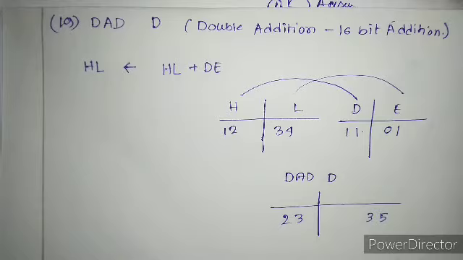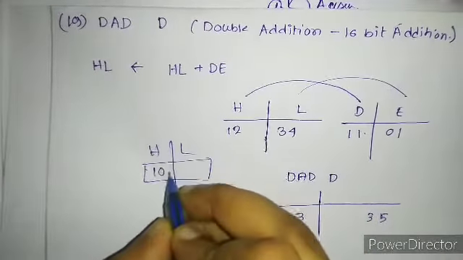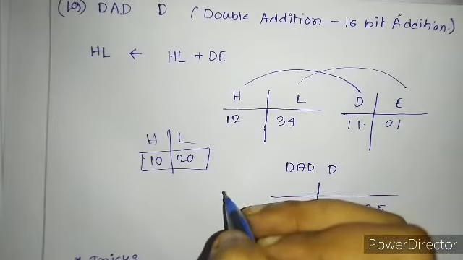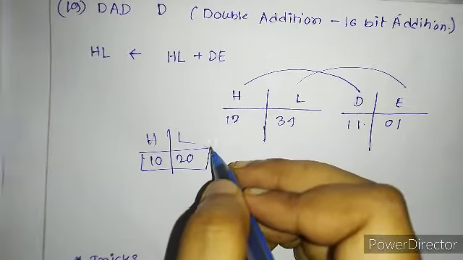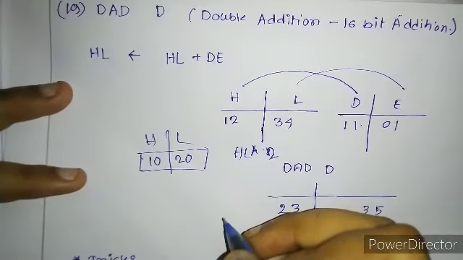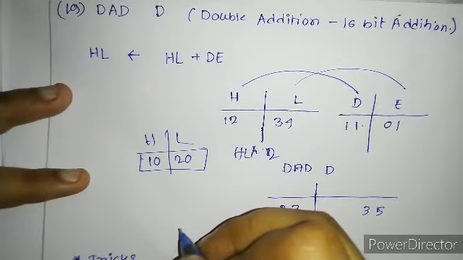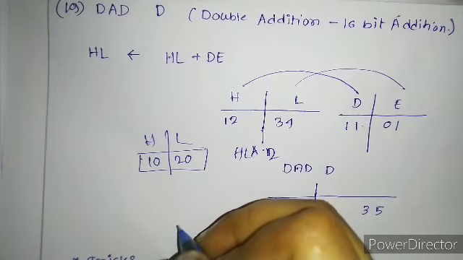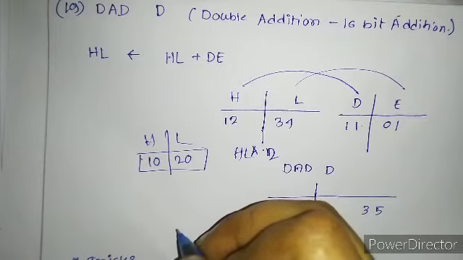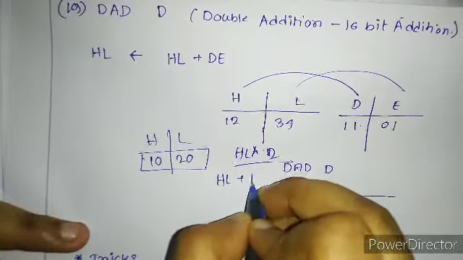Now sometimes, you know what, the examiner asks that maybe in HL there is a value like 1020. They tell you to just do multiplication, HL's value into 2. So the student gets confused that I have to do a 16-bit multiplication. Okay, that's tricky. But if you are a good student and attentive in your class, then you know that if it is multiplied by 2, this simply means HL plus HL, right?